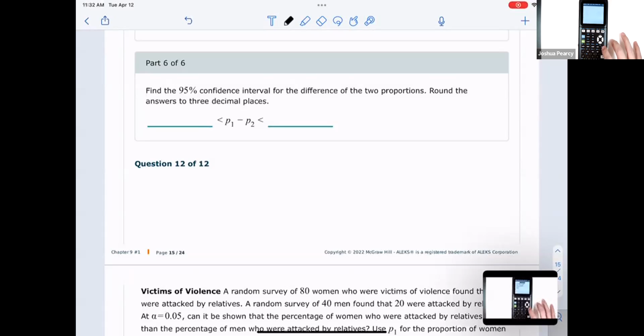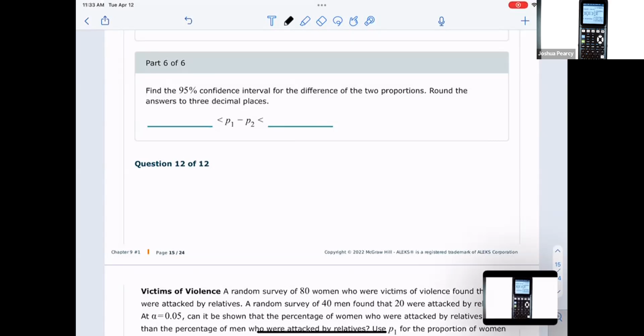Or you can do this. This is the numerator, the difference between the two proportions, and that is the denominator. That's the lower limit, negative 0.0163. That's the upper limit of 0.34287. On the exam, I expect you to at least show some work as to how you got what you got.